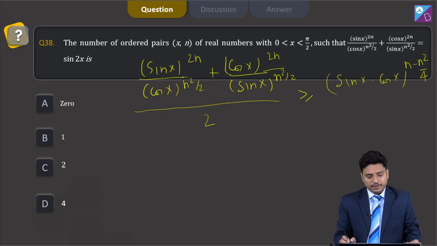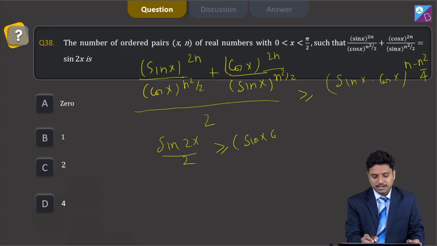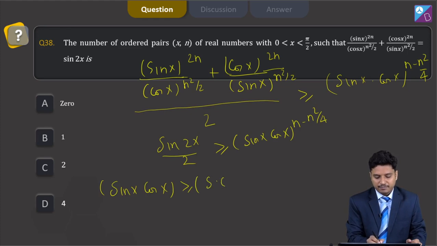Now according to the question, the left hand side is given to be sin 2x by 2. In place of the numerator we can put sin 2x. So this is sin 2x divided by 2 is greater than or equal to sin x into cos x raised to power n minus n square by 4. Now the left hand side is sin x into cos x, and on the right hand side we have sin into cos raised to power n minus n square by 4.